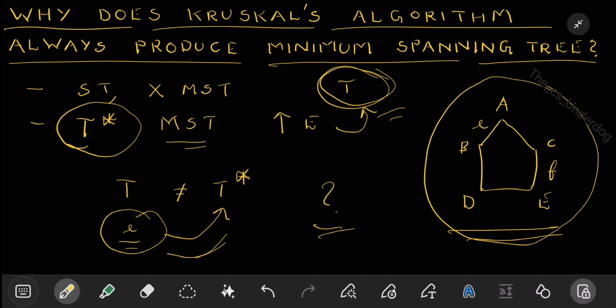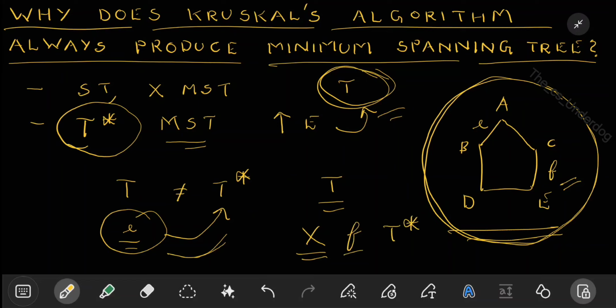It is correct because if this edge F is not present, that is such an edge which is part of T star, which is part of this cycle but not part of T. If this sort of an edge is not present, then T will always contain a cycle. Why is it? Because this is a cycle and I am saying F is one edge in that cycle which is not present in T but is only present in T star.